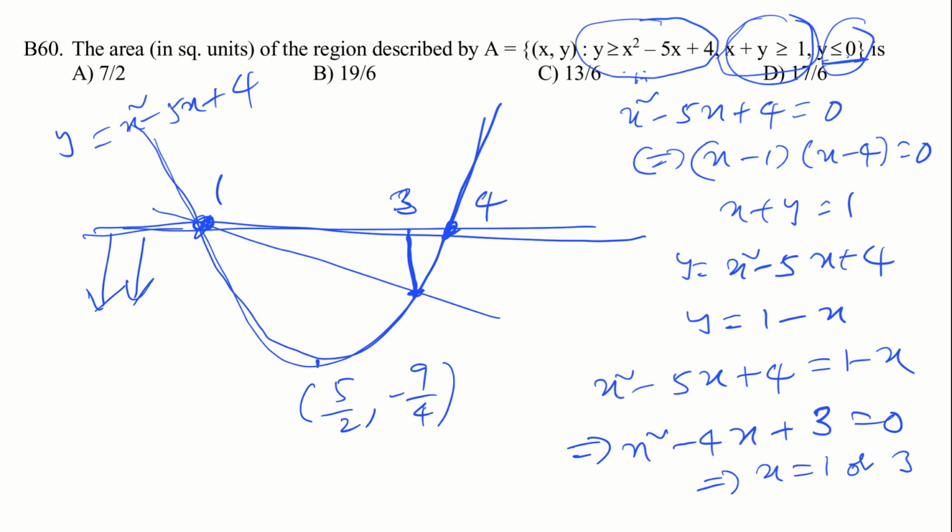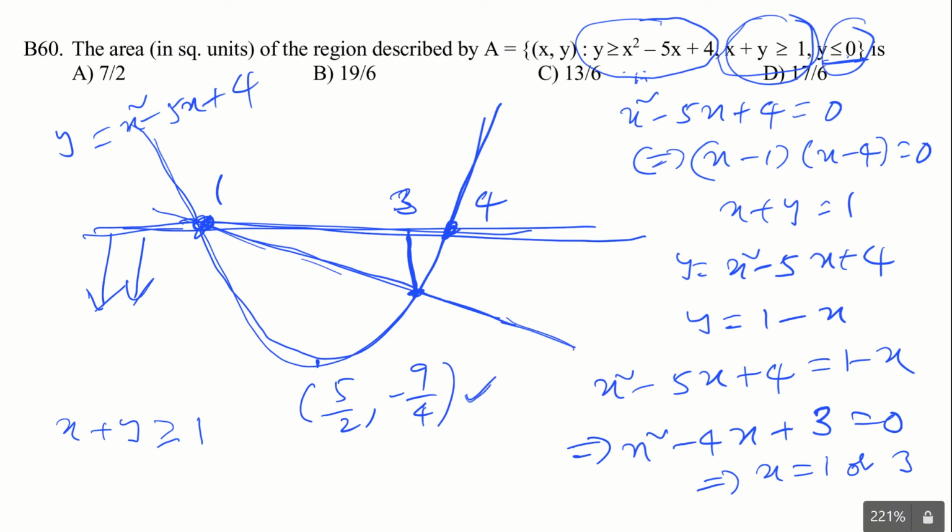And for this line, now I have to see. Obviously I can guess that it must be this side only because, okay, let us see. Now for this line, the condition actually, I want x plus y to be greater than or equal to 1.